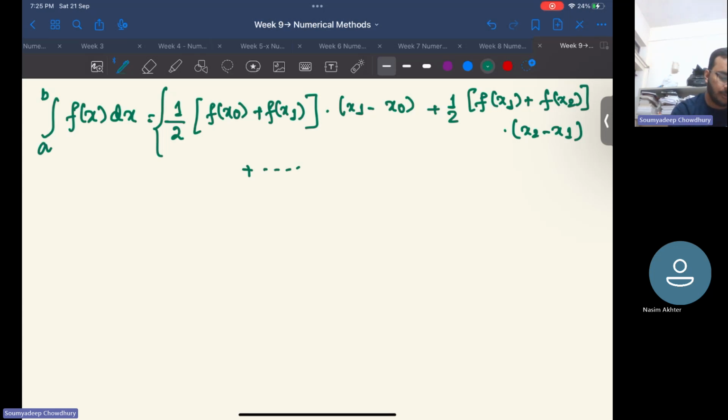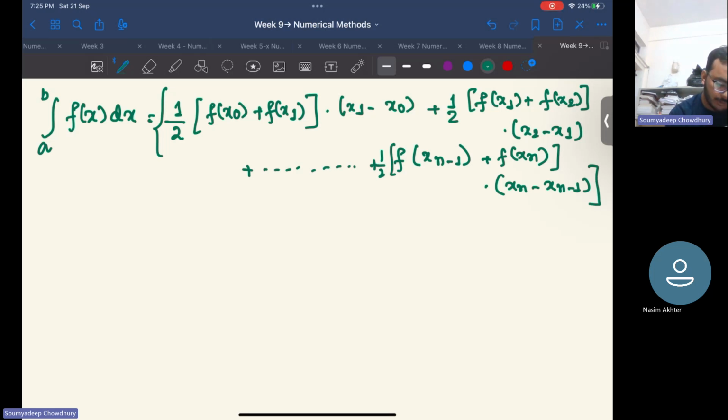So this will go on. And what will be the last term? f of xn minus 1 plus f of xn, half into xn minus xn minus 1. So if we just simplify this, what we will get? Okay, 1 second.